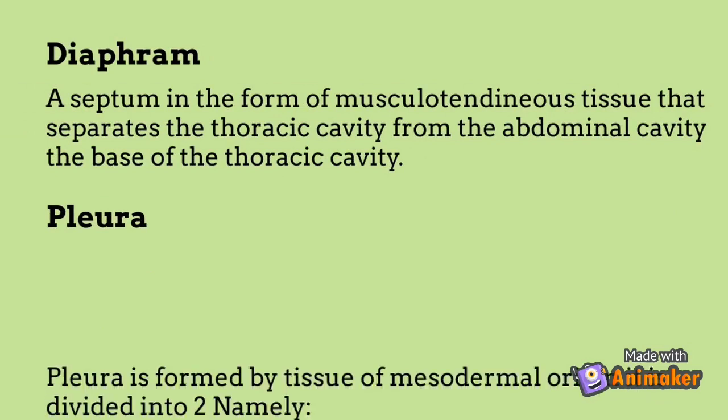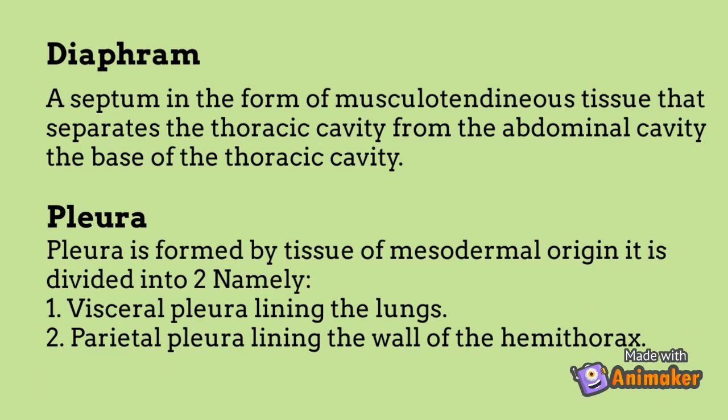A septum in the form of musculotendinous tissue that separates the thoracic cavity from the abdominal cavity, the base of the thoracic cavity. Pleura. Pleura is formed by tissue of mesodermal origin. It is divided into two, namely: number 1, visceral pleura lining the lungs; number 2, parietal pleura lining the walls of the hemithorax.